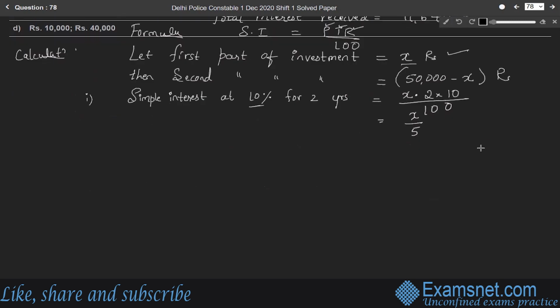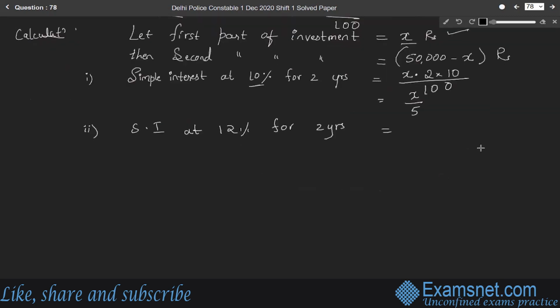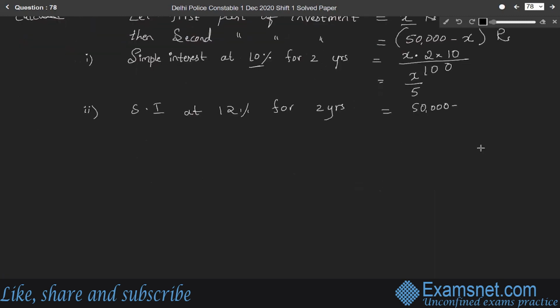So next step is simple interest at the rate of 12%. Simple interest at 12% for 2 years is again equal to PTR by 100. In the second part of investment, principal amount is 50,000 minus X. Time period is 2 years.